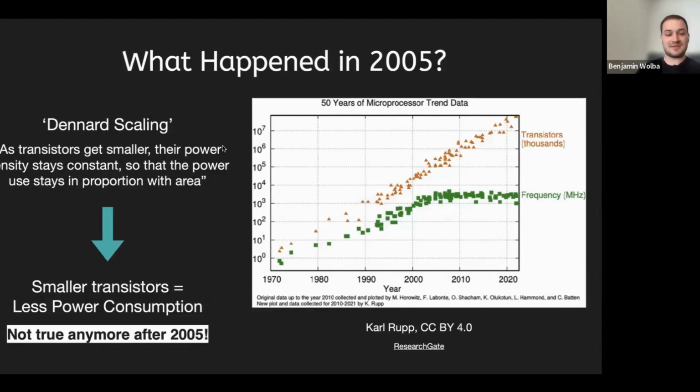This is another observation that held true for a very long time until about 2005: when you made a transistor smaller, its power consumption would go down in proportion. So the overall power density of the chip would stay constant, which is good. I mean, smaller transistors, less power consumption, that's what you want. But the thing is, in 2005 this relationship broke.